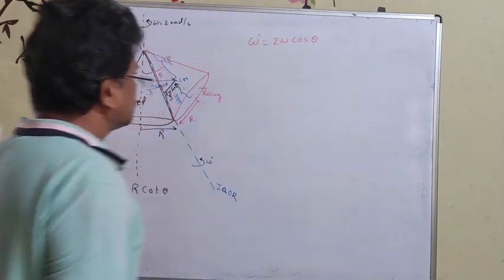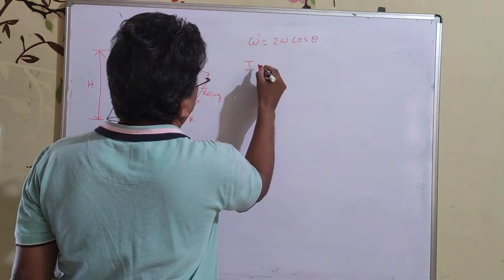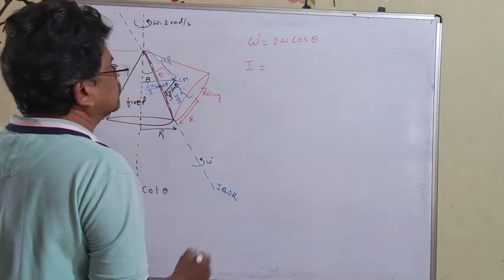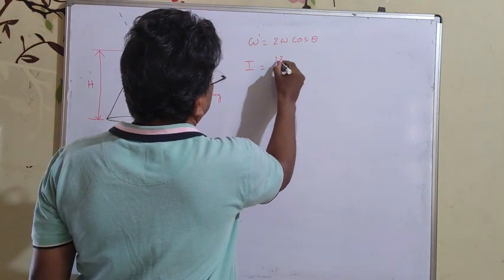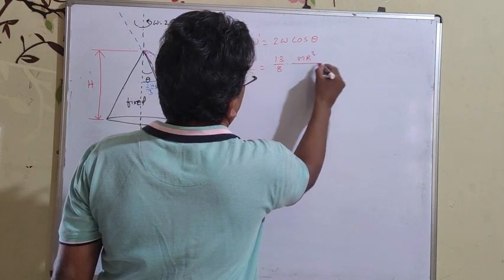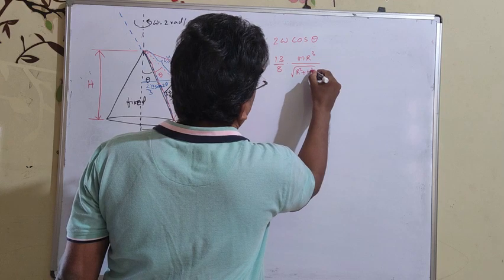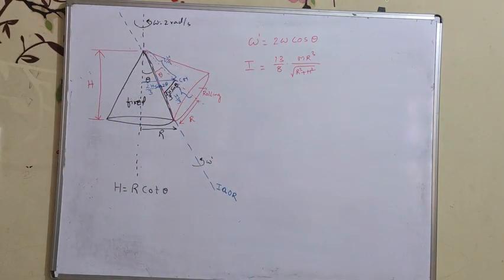And we know the moment of inertia on the slanting side of the cone is equal to 13 by 8 M r cube divided by the square root of r square plus h square. This we know.